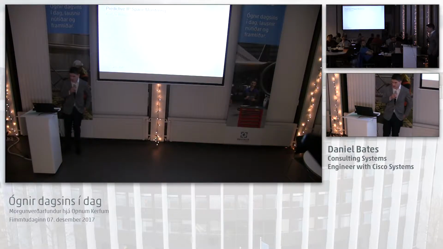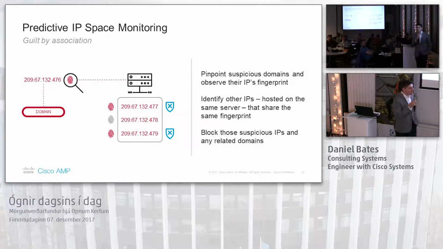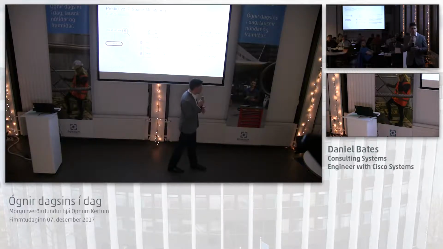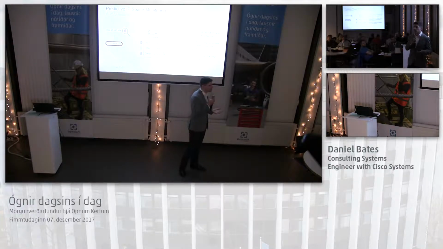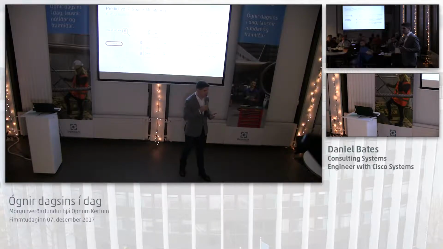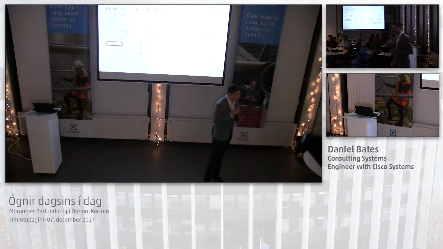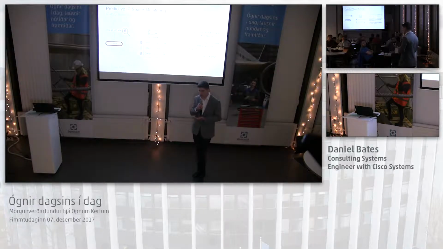We can also do things like predictive IP space monitoring, and that's where we'll take the fingerprint of a suspicious domain that we know about that's not very good, and we'll look at what it's running on, what IPs it's running on, what services the server is using, and basically enumerate what the hardware, the infrastructure is that's supporting that malicious domain.